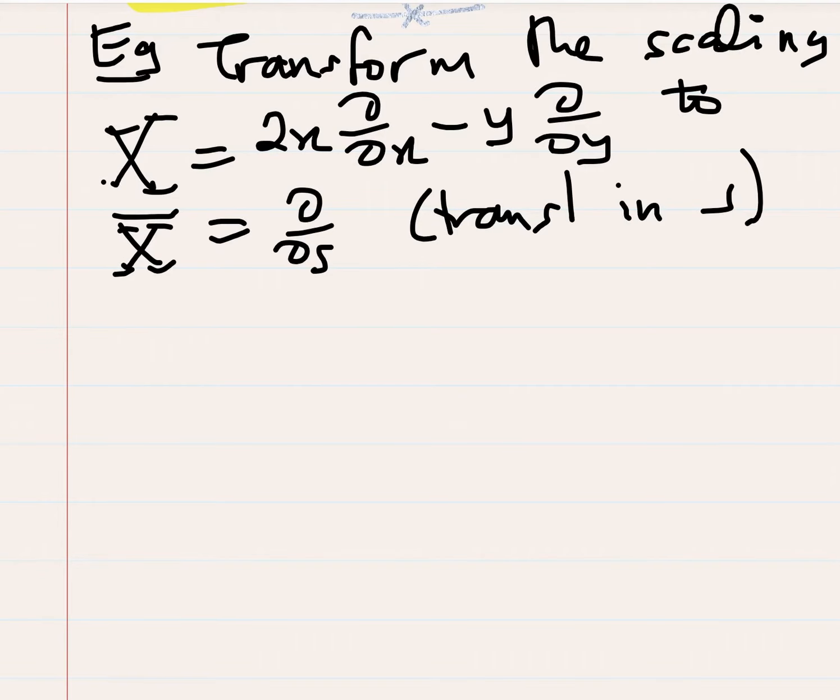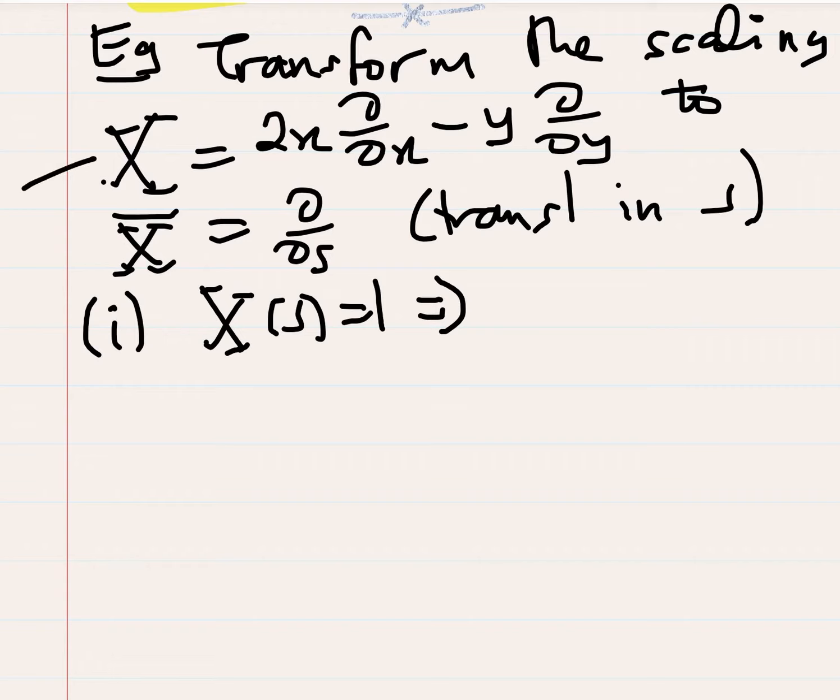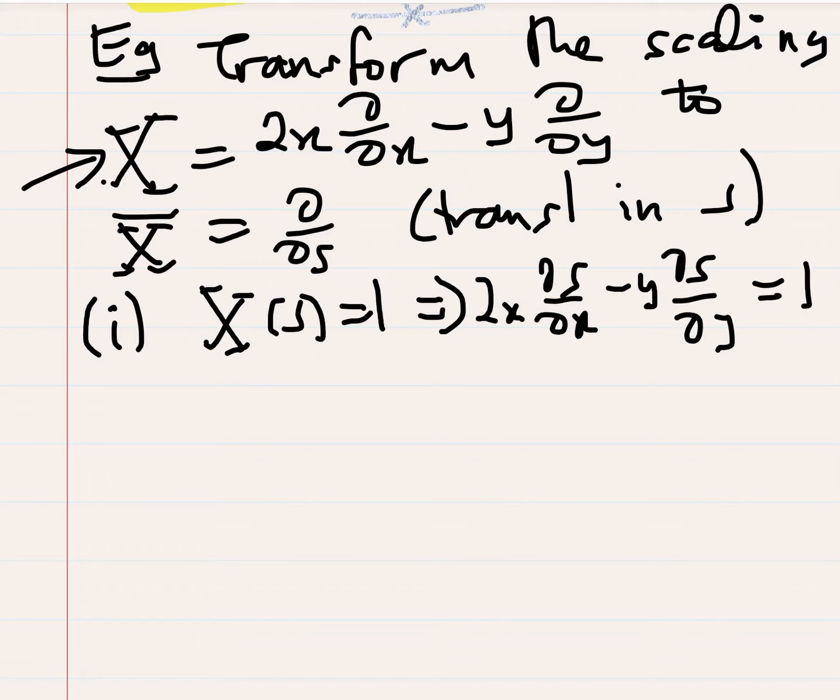So first of all then, we will have x of s, we'll let it equal to 1. That should give us a form for s perhaps, i.e. if you operate the vector field x on s, you will get 2x ds/dx minus y ds/dy equal to 1.